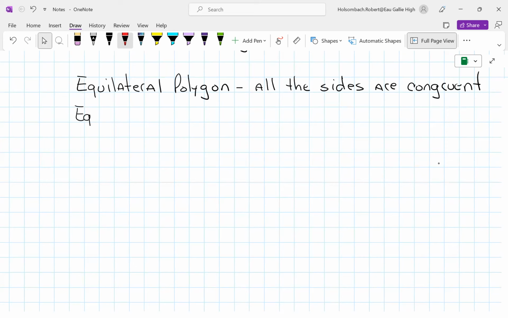Equiangular. An equiangular polygon, all the angles are congruent.